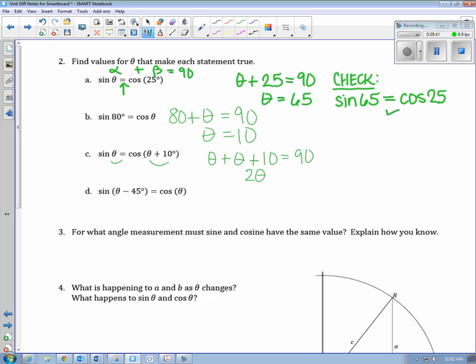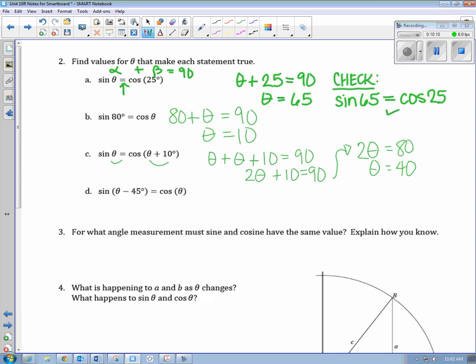You treat the thetas like an x, plus 10 equals 90, which means that 2 theta equals 80 when I minus 10 from both sides, which means that theta is 40. So again, theta is the variable for the angle. Sometimes there's an x in there, sometimes there's a theta, sometimes there's an alpha, sometimes there's a beta. So we just treat the theta as another variable.